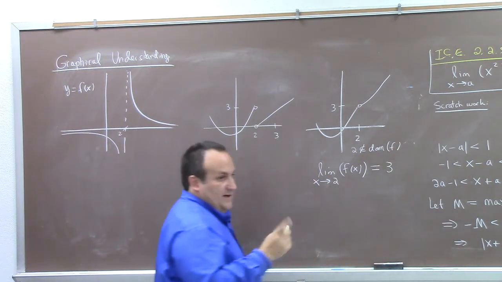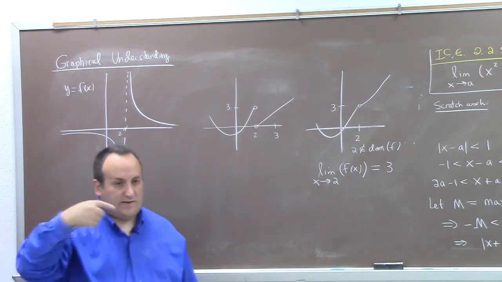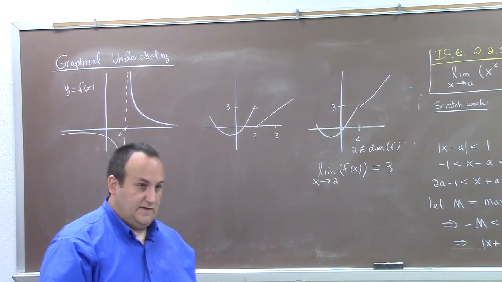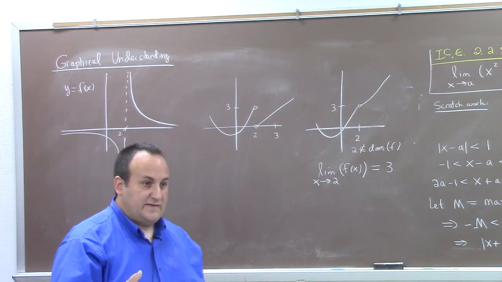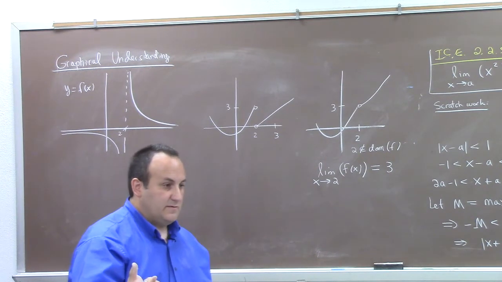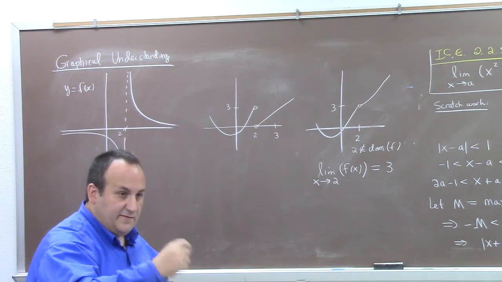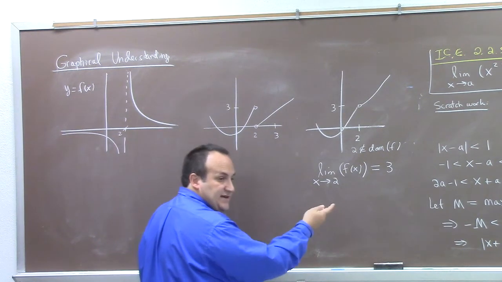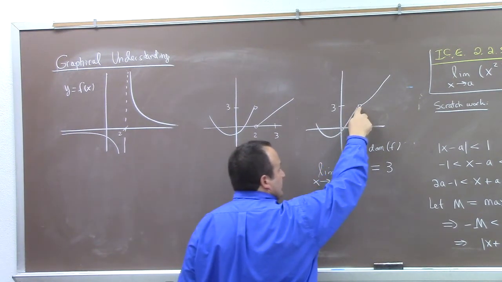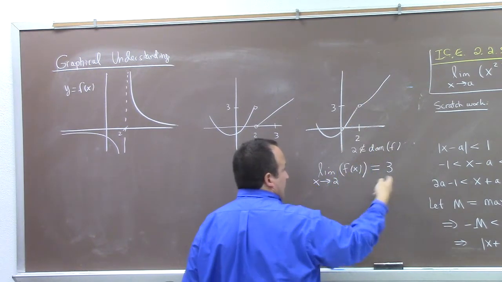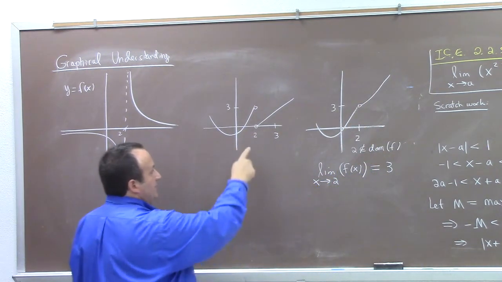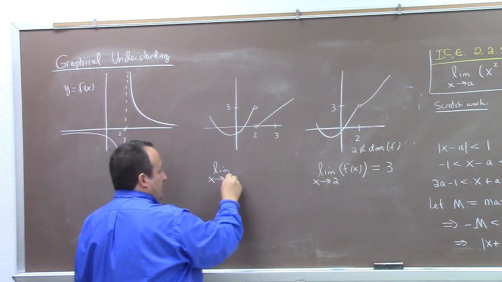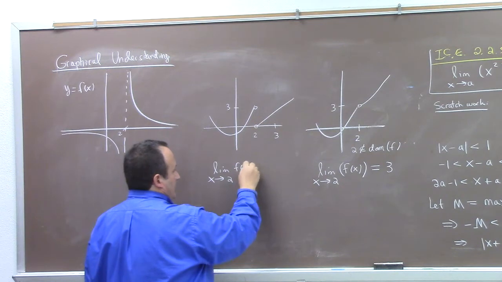So the limit of a function allows us to get to points which are outside the domain. That's something that's really different about the limit. It's not just like evaluation of a polynomial. We can get to points where we don't have the function defined. But you can still see it, right? As you're getting closer and closer, it gets closer and closer to 3 from both sides, so the limit's 3. This one here, the limit as x approaches 2 of f of x does not exist.